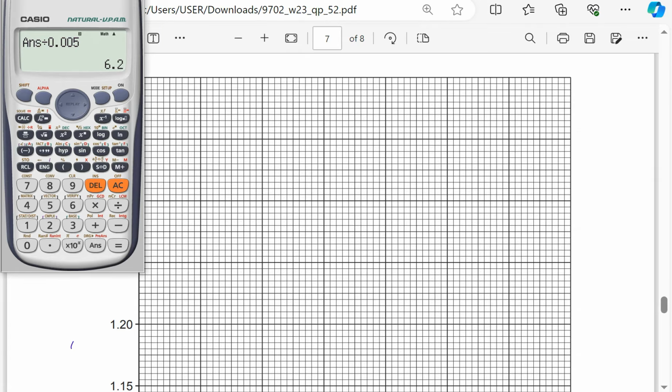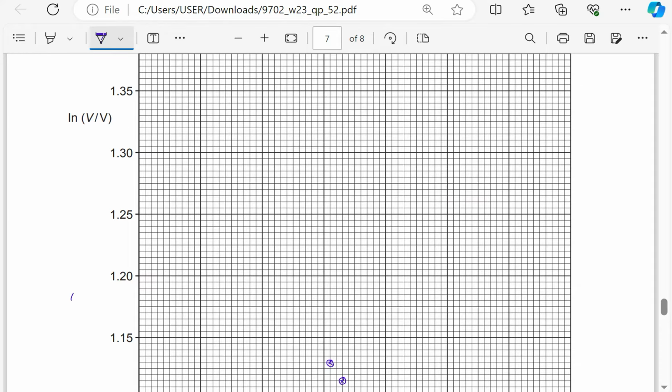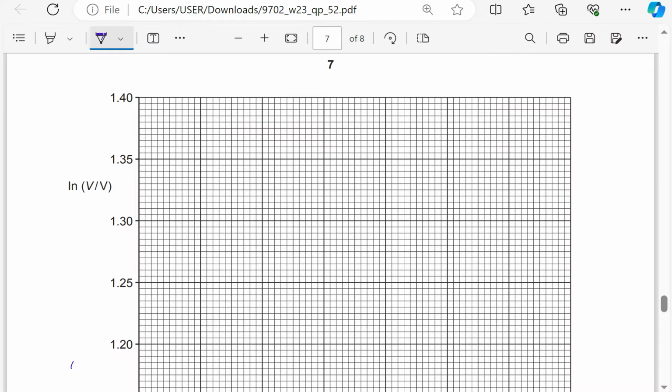If you want, you can check with your calculator: 1.253 minus 1.25 divided by the scale, which is 0.005. Those are approximately half a box. From 1.25, I'll add approximately half a box. So I'll just plot this point around here.